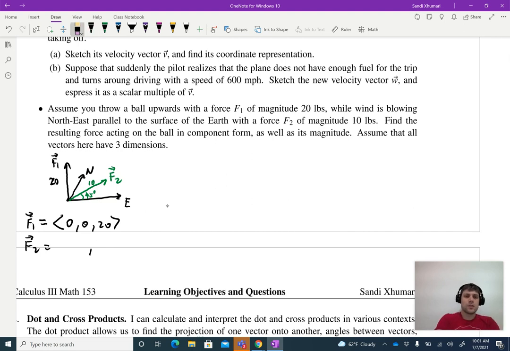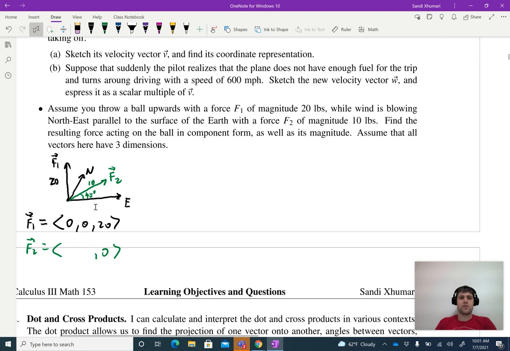Let me do this in green. And then we need to figure out the x and the y here.